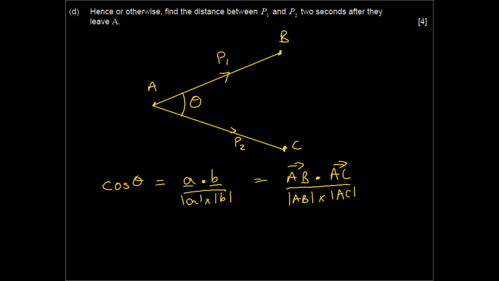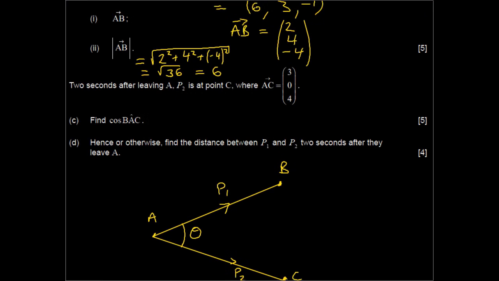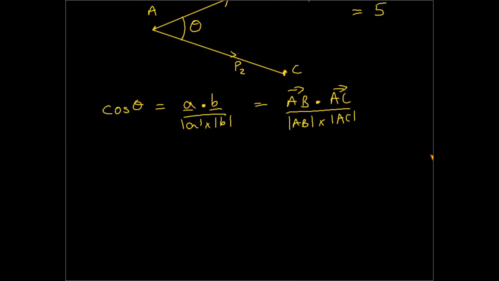So if we go back up here, the modulus of AC is going to equal the square root of 3 squared plus 0 squared plus 4 squared. So that is going to be 5. That's a Pythagorean triple, 3, 4, 5. Okay, so therefore we should be in good shape for working this out.